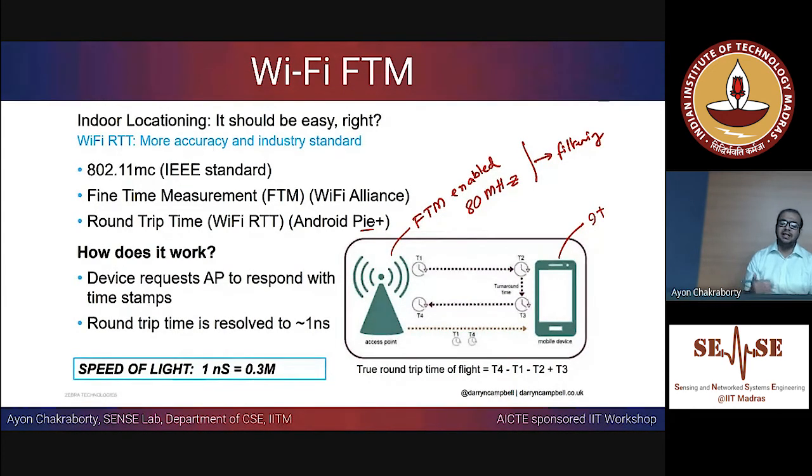You can get the list of access points that support this fine time measurement on the Google developers web page also. If you go to this Android developers web page that discusses FTM or Wi-Fi RTT, you can get a list of access points that are currently supported.